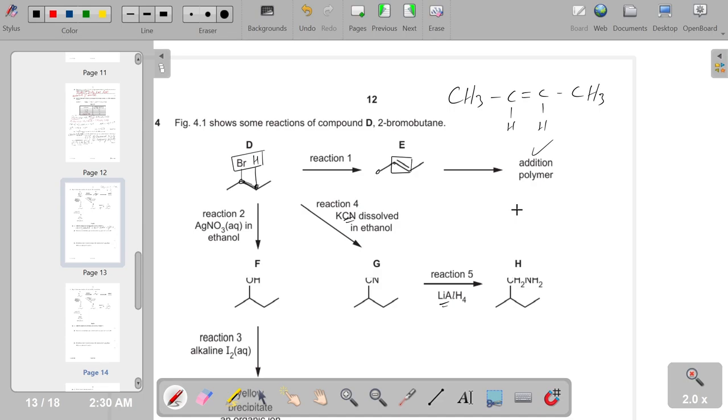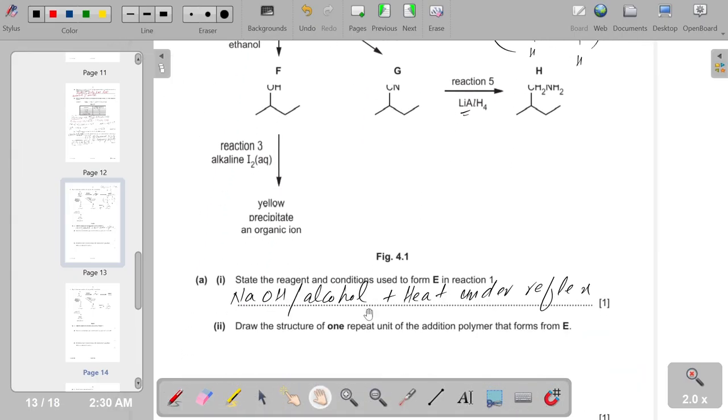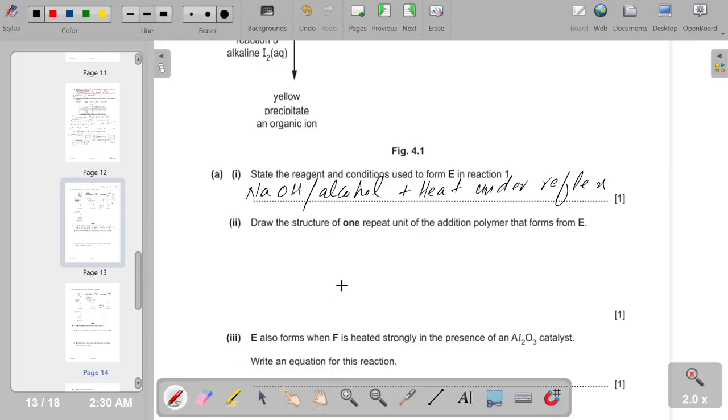It will become carbon to carbon with this CH3, with this CH3, with this hydrogen and this hydrogen. Now I will write that here. So now it is further available for connectivity.